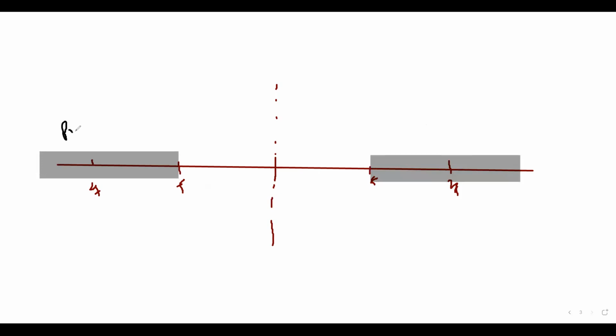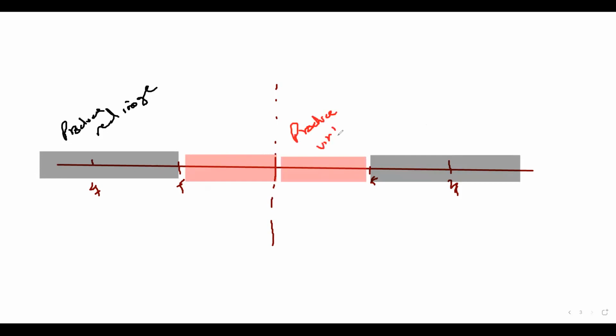This will produce a real image which can be seen on a screen. But if the object is within the focus and the lens anywhere, this will produce a virtual image.